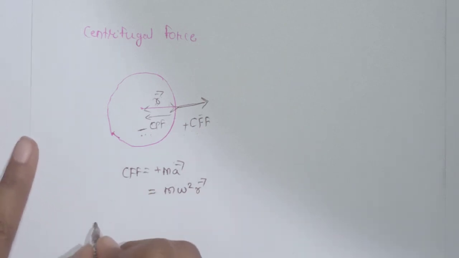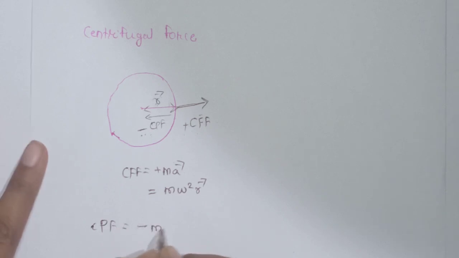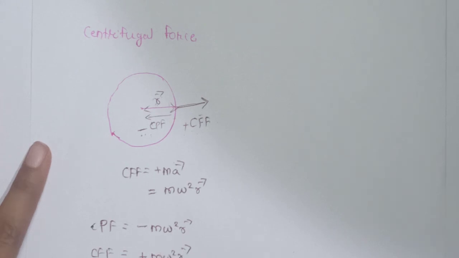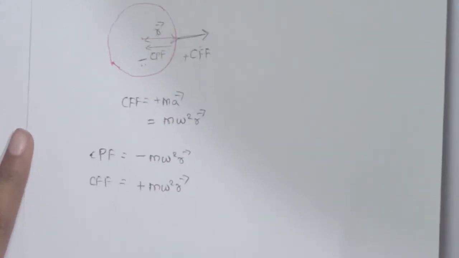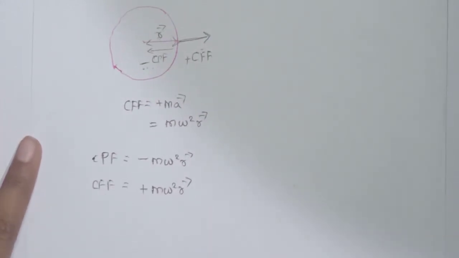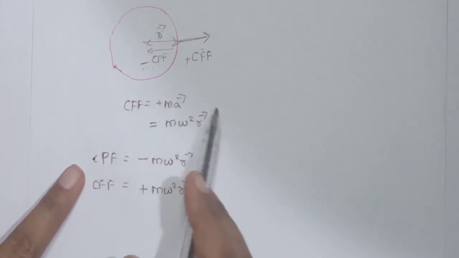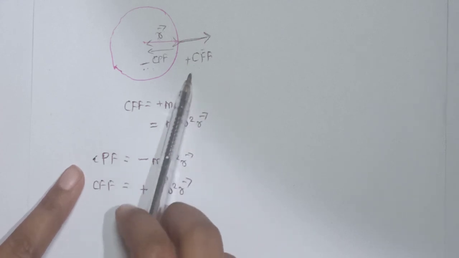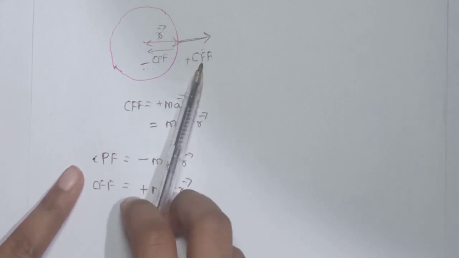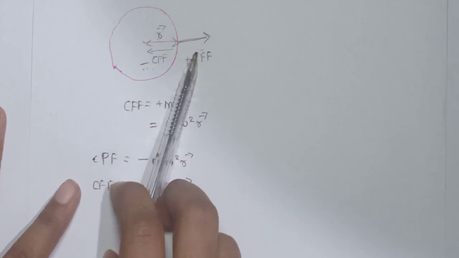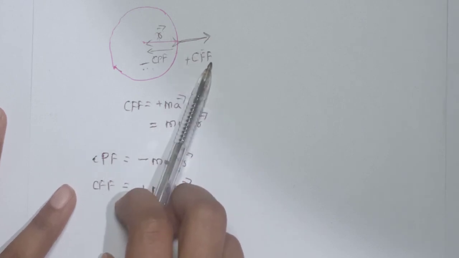What we can conclude is that CPF will be given by minus m omega square vector r and CFF will be given by plus m omega square vector r. The magnitude of both will be the same, just because they are equal and opposite forces. So centrifugal force is not a real force, but it is experienced by the body. That's why it is not an imaginary force.